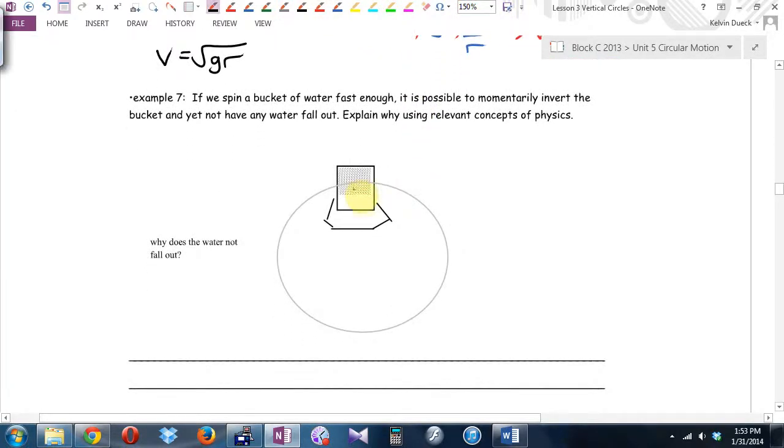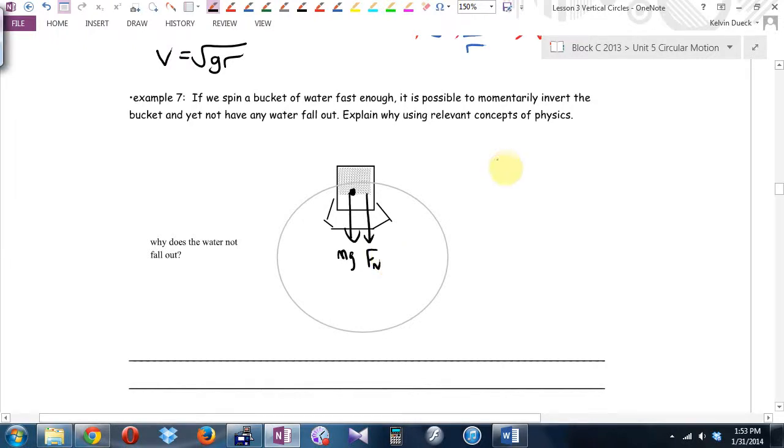What are the forces acting on the water? Get the obvious one. What else? Normal force. I drew them the same size. I don't know how big they are, but I just wanted to make sure I could see it.